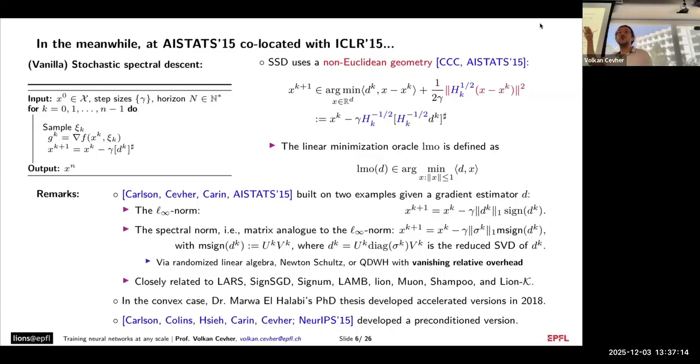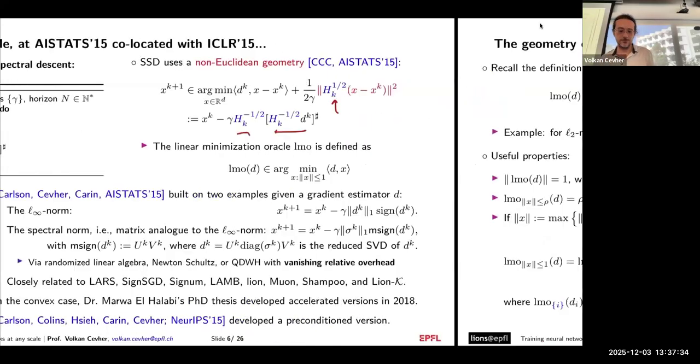And at NeurIPS 2015, we had the preconditioned version. Here, just like you do online adaptation, you can also use online adaptation in the non-Euclidean descent. The updates are a little bit more complicated, but you can do it. And some of these are also reinvented now.